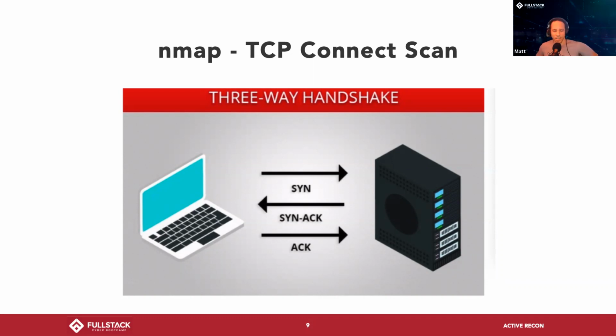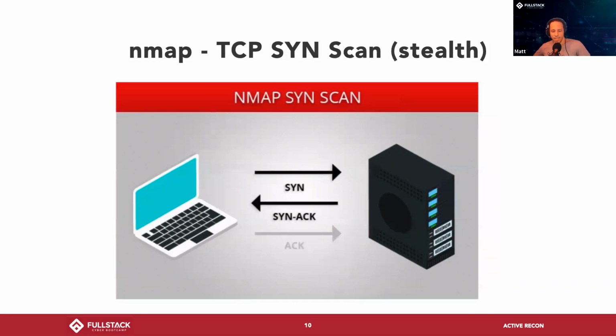There's another type of scan that nmap does. Not called the TCP connect scan, its default scan is instead called the TCP SYN scan, or sometimes you'll see it called the stealth scan. It's kind of a misnomer because it's not really extra stealthy. It was way back in the day, maybe. But as you can see here, we've not returned the acknowledgement.